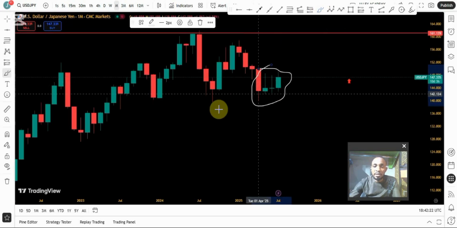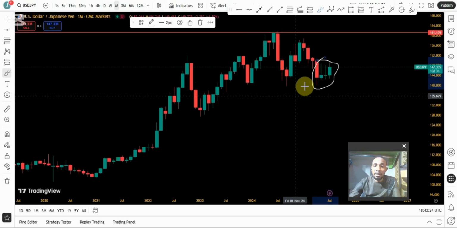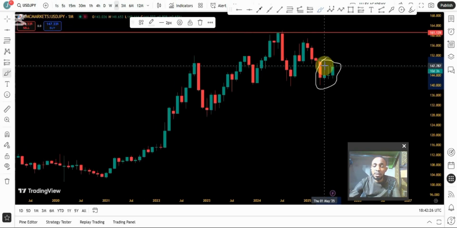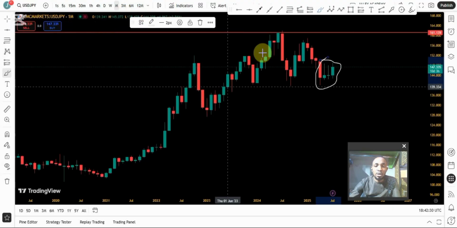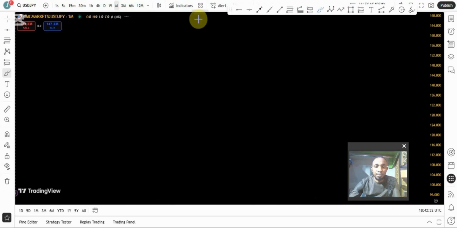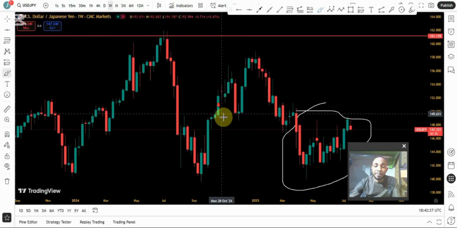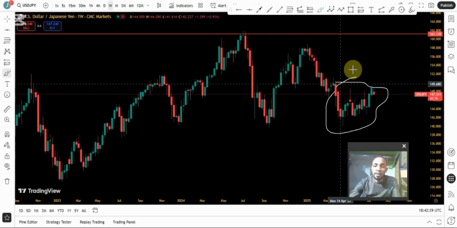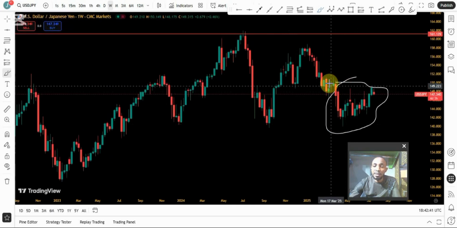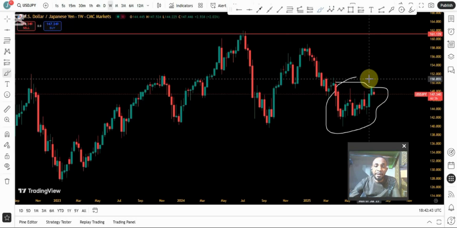So now you can see from the monthly time frame, I can easily tell that the market is currently bullish. So I slowly come down to the weekly time frame, and also find out that the market is actually still buying, still bullish. So I'll come down to the daily time frame.